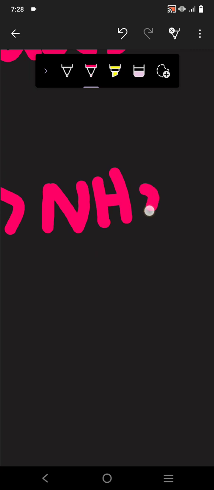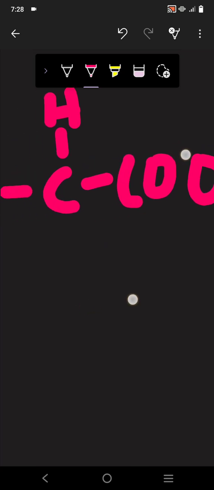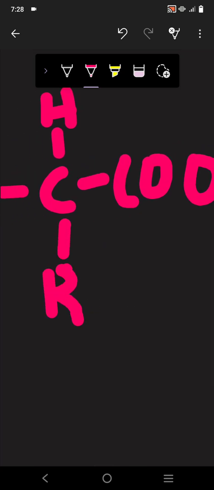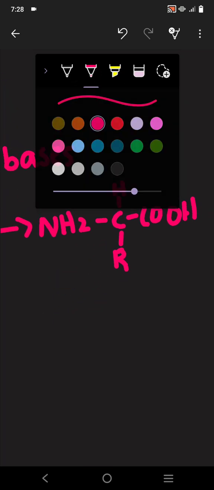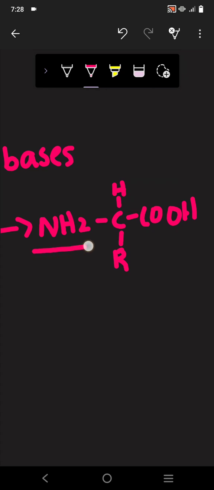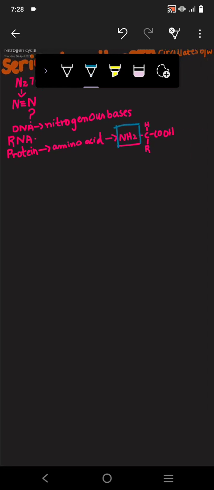If we talk about the formula of the amino acid, it is NH2, carbon bonded to hydrogen, COOH, and an alkyl radical. So here, as you can see, the nitrogen is over here. So to synthesize protein, nitrogen is also very important.